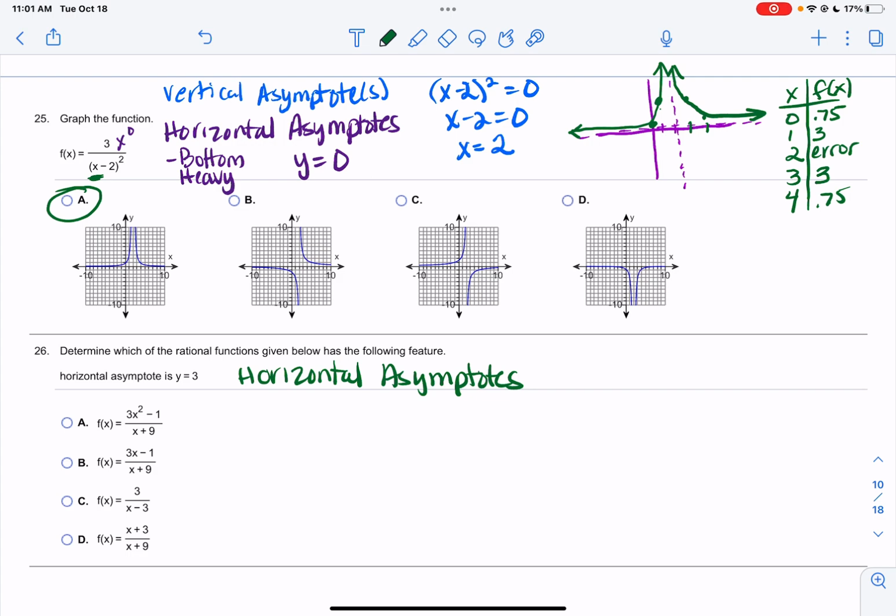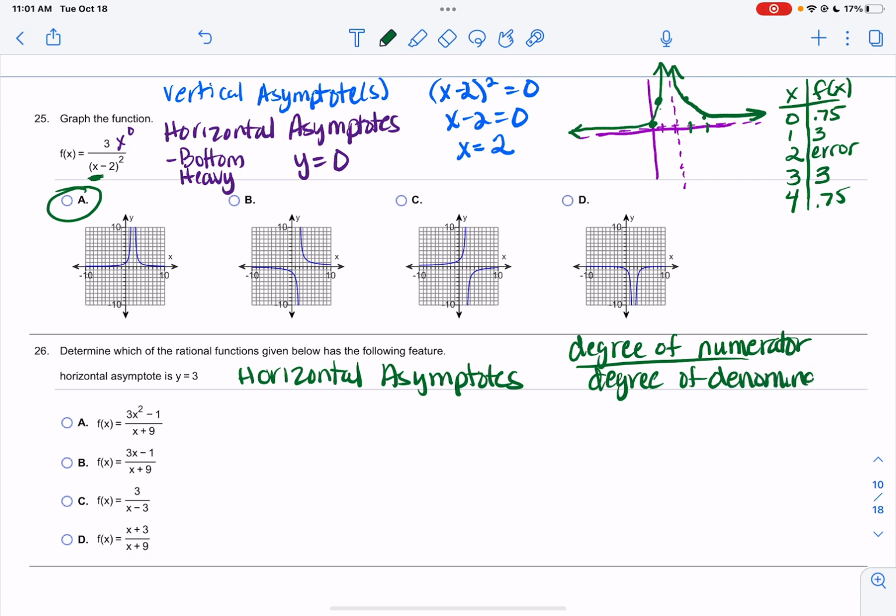So you look at the degree of the numerator over the degree of the denominator. I call them top heavy, bottom heavy, or balanced.